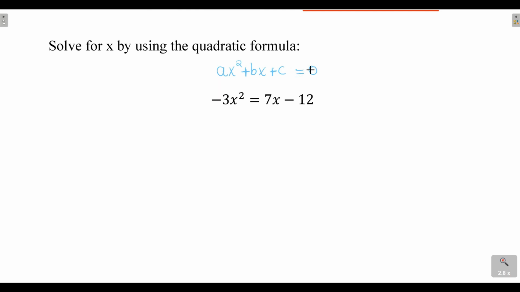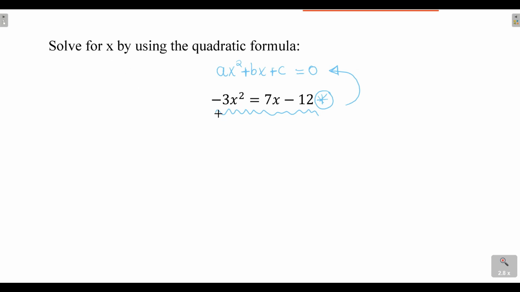It's very important that before we use the quadratic formula, we ensure that the quadratic equation given to us is in the form of ax squared plus bx plus c equals 0. Already with this question, what are we noticing? This equation is not in that form. So before we can start using the quadratic formula, we need to move certain terms around so that it is in the standard form of ax squared plus bx plus c.